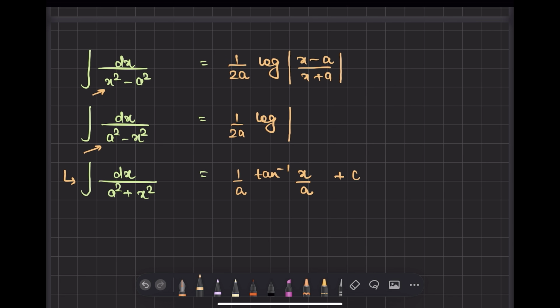If a is bigger, a will be placed in the denominator: a minus x, a plus x. Then plus the integration constant. So this way you have to memorize. I will ask you these questions many times during the session, but try to memorize here only.